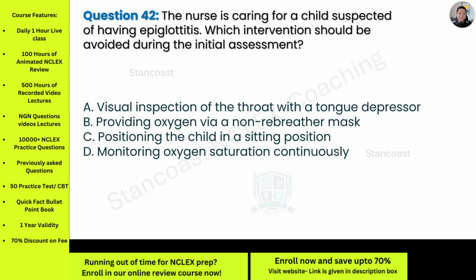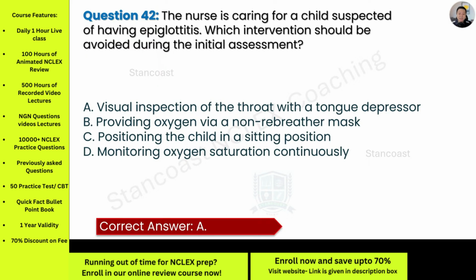That would be letter A. So in a suspected epiglottitis, the visual inspection of the throat using a tongue depressor is strictly contraindicated because the inflamed epiglottis can be extremely sensitive. And so attempting to visualize it can trigger a reflex spasm.